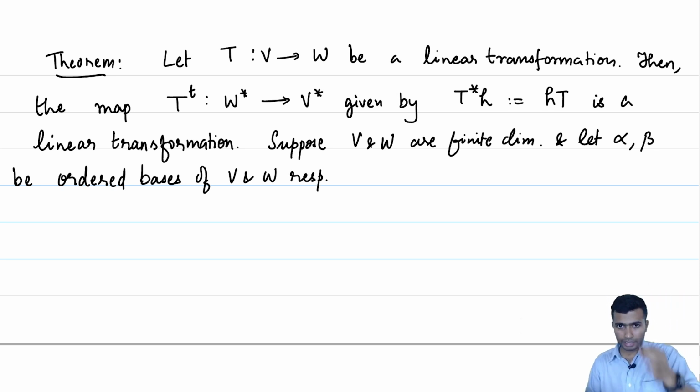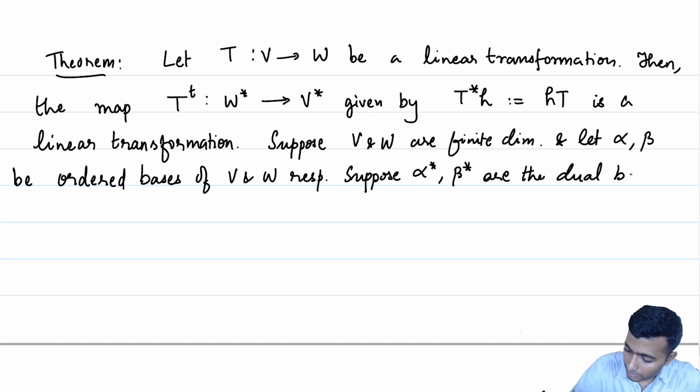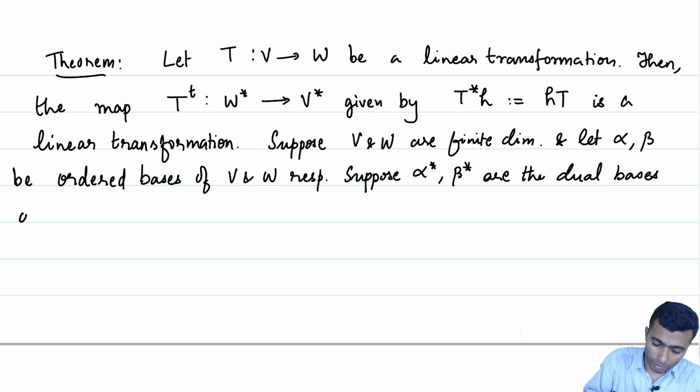Now, given any ordered basis of a vector space, there is a corresponding dual basis in the dual space. Suppose alpha star and beta star are the dual bases of alpha and beta respectively.